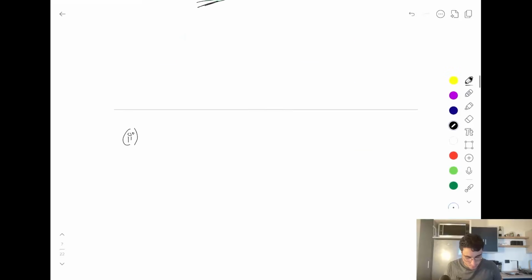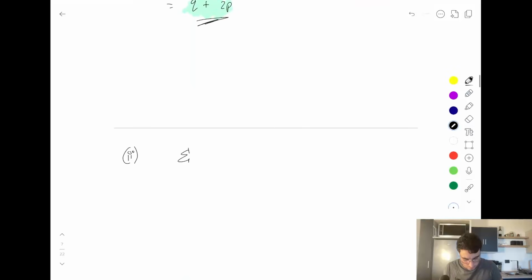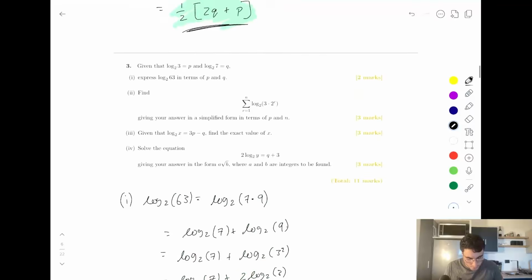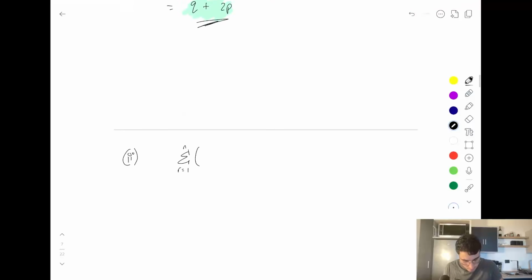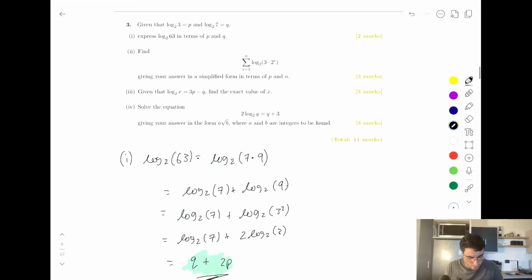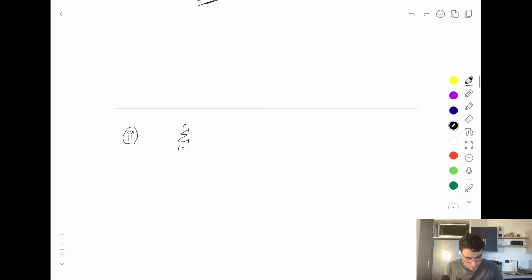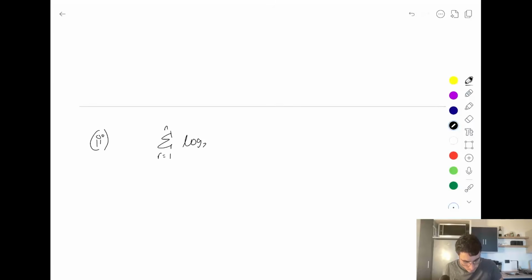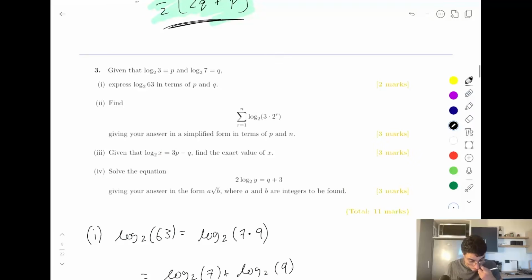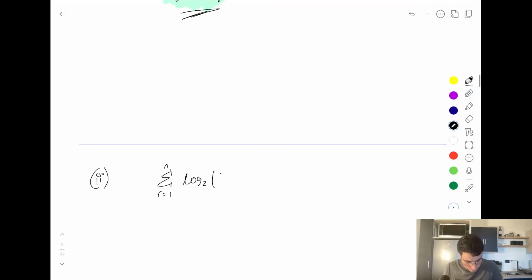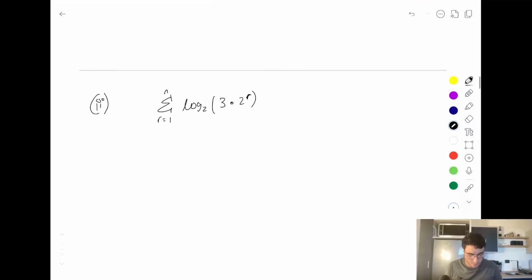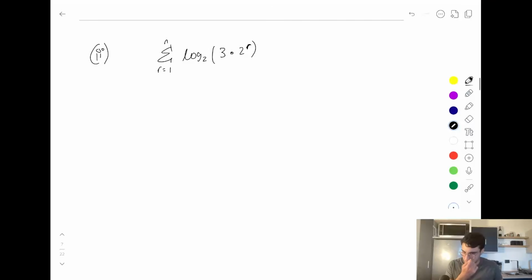So we need to break this down. We have the sum, r equals 1 going all the way up to n, of log 2 of 3 times 2 to the r. Cool.